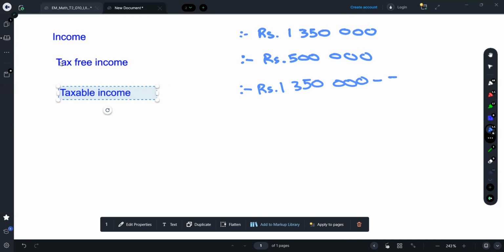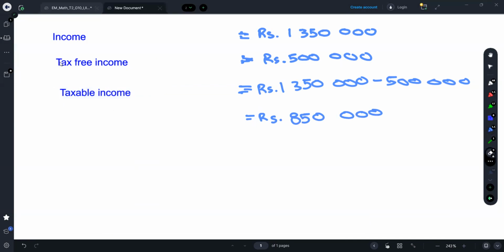Income minus 500,000 should be equal to rupees 850,000. Now out of his income, this much of his income is open for taxes. Okay.